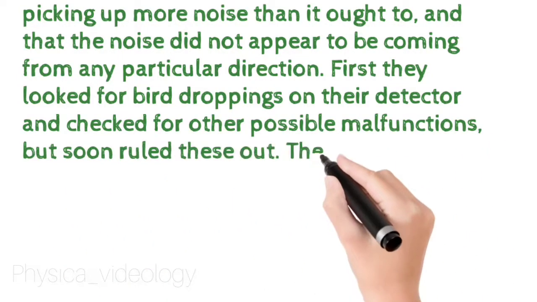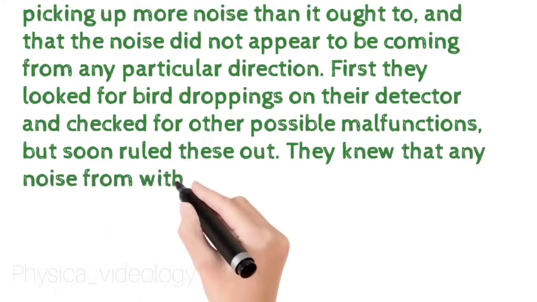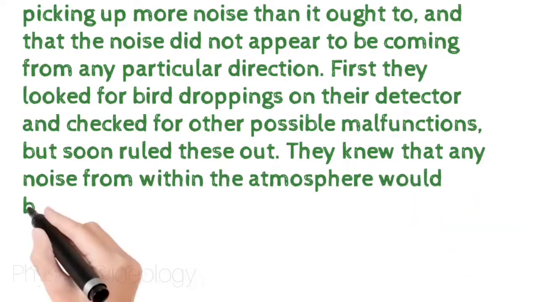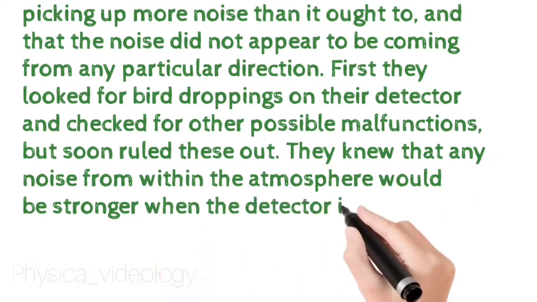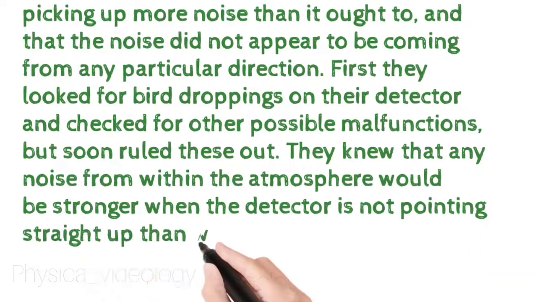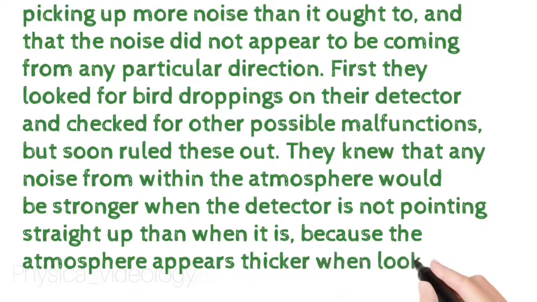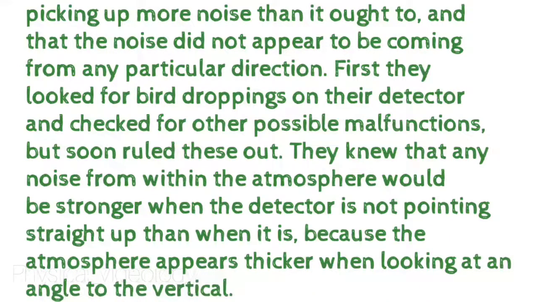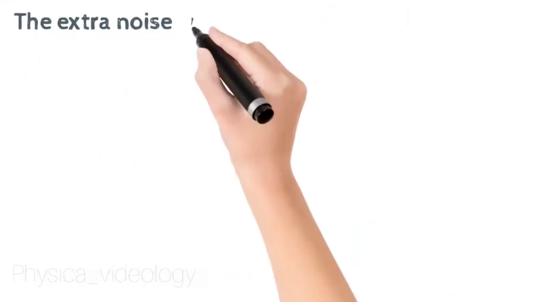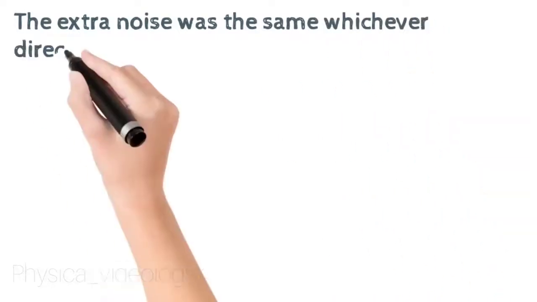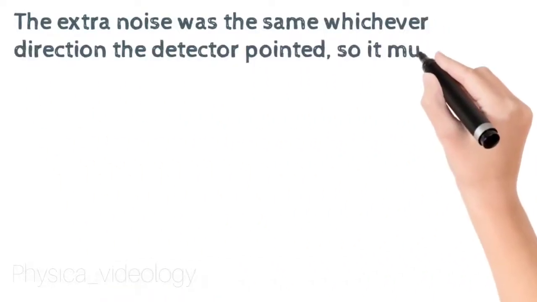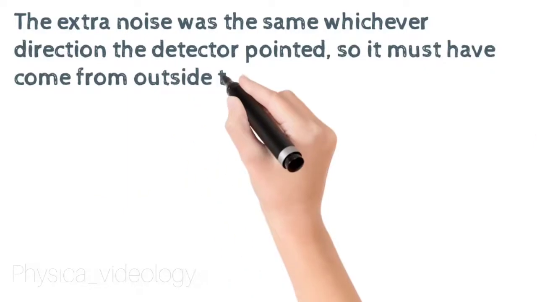these out. They knew that any noise from within the atmosphere would be stronger when the detector is not pointing straight up than when it is, because the atmosphere appears thicker when looking at an angle to the vertical. The extra noise was the same whichever direction the detector pointed, so it must have come from outside the atmosphere.